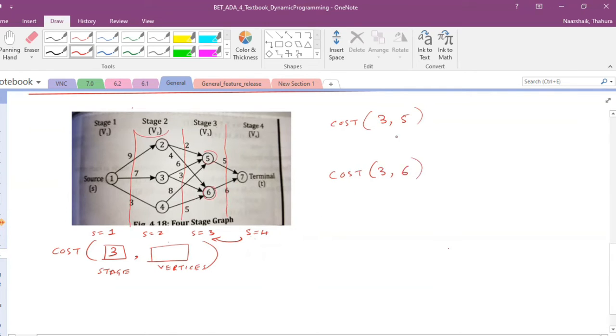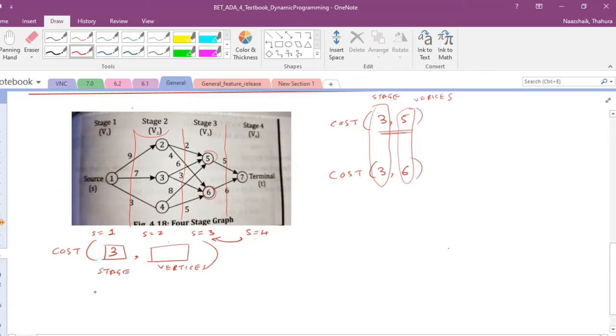This terminology is clear, because sometimes this gets confusing, because we have seen in earlier problems this means vertex 1 to vertex 2, right? This is not vertex 1 to vertex 2. The first one, this part represents the stage number. And this actually represents all the vertices in that stage.